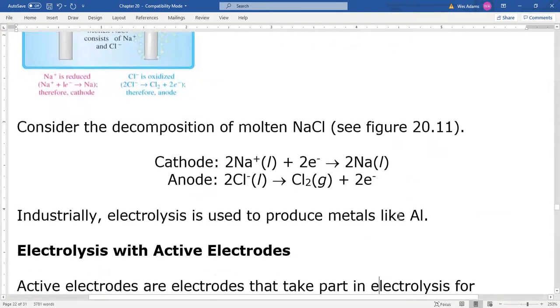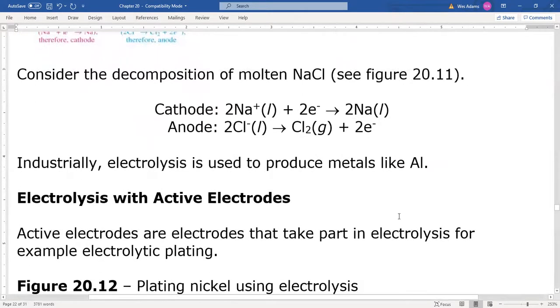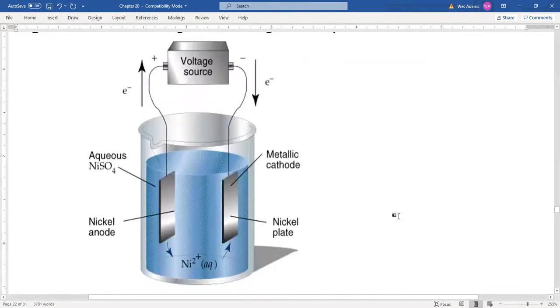If you have active electrodes, that means the electrodes are actually taking part in the electrolysis, versus an inert electrode like in the previous example, which were made of graphite or it could be platinum. So if I just had a nickel cell and it's all in the same cell, then the nickel anode would lose mass producing nickel 2+ ion, which would then plate out onto the nickel cathode, as a for instance, but it doesn't have to be all the same thing.